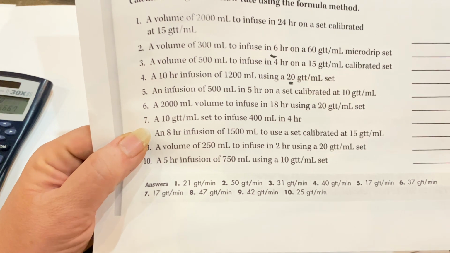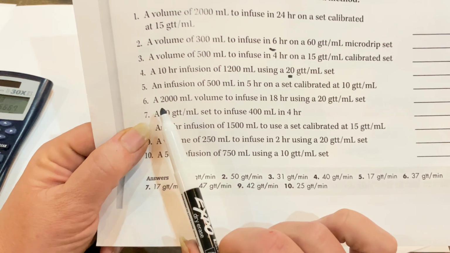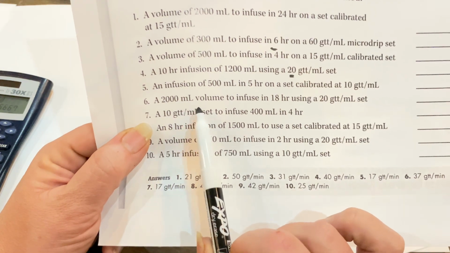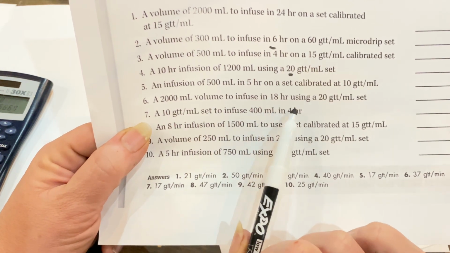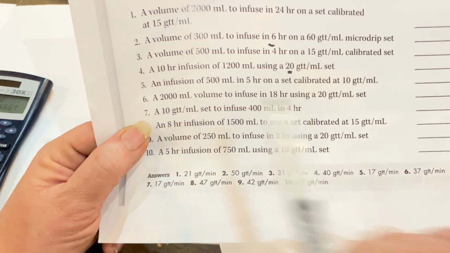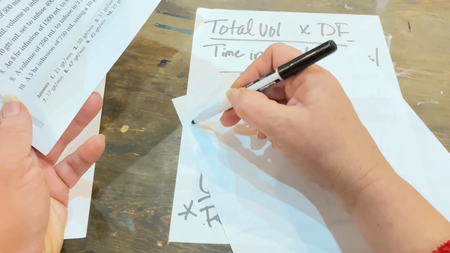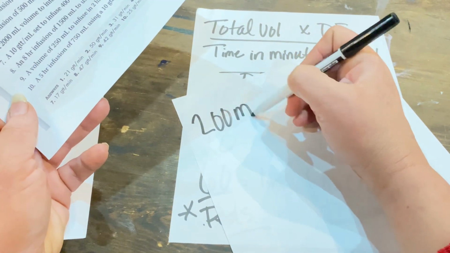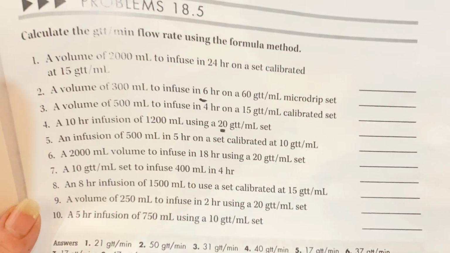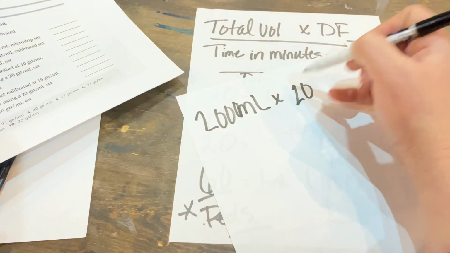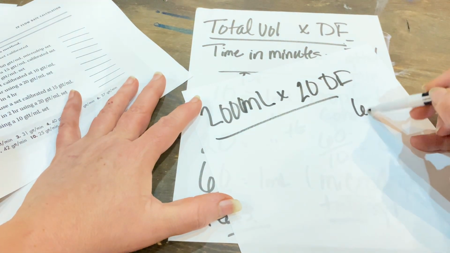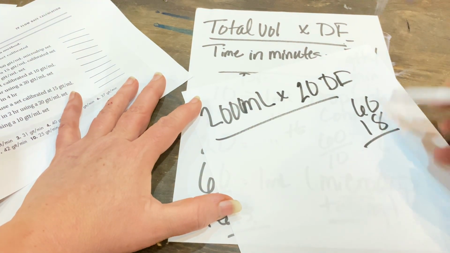Okay. So look here. Number 6, you got 2,000 milliliters to infuse in 18 hours using 20 drop factor. 2,000 milliliters times a 20 drop factor. And it's going over 18 hours. 60 times 18.